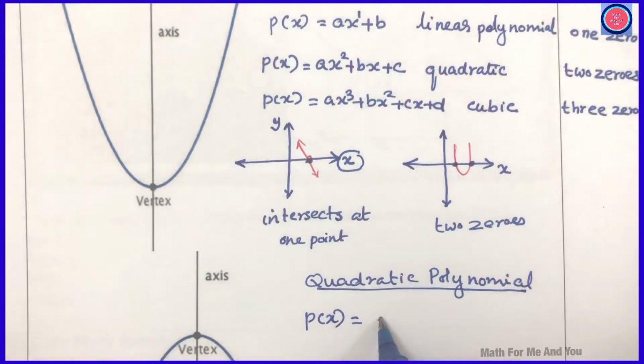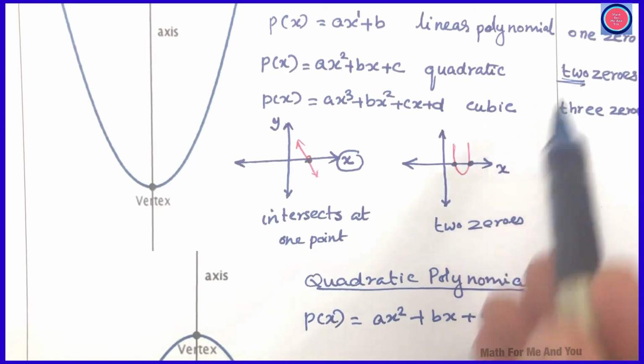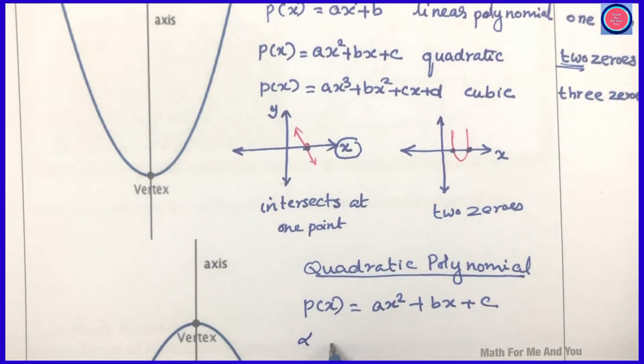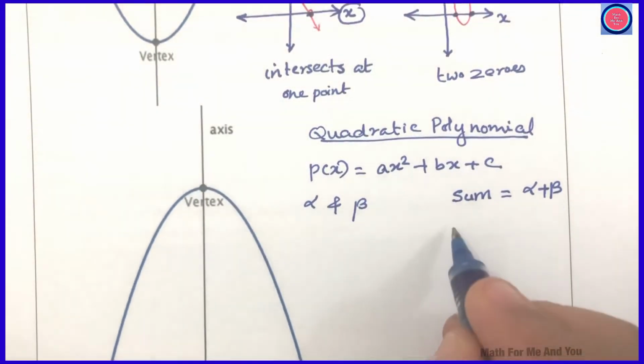P of x equals, it is second degree, so we write it as ax square plus bx plus c. How many zeros? 2 zeros because it is a second degree polynomial. And the graph has a parabolic shape. And if alpha and beta are the zeros of this polynomial, we can write the sum of the zeros as alpha plus beta and the product of zeros as alpha beta.